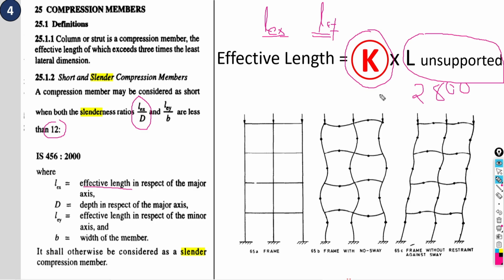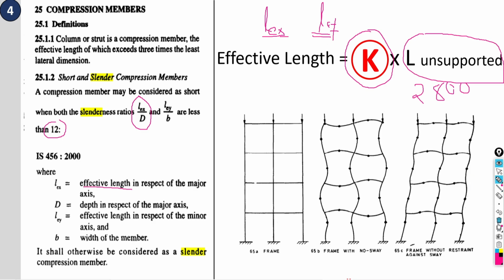This is why people are not getting results as per expectation. This term decides the design of the column in any software. If you get the concept of this K, you get the concept of the overall design of your column. So I would like to have your concentration for this K.